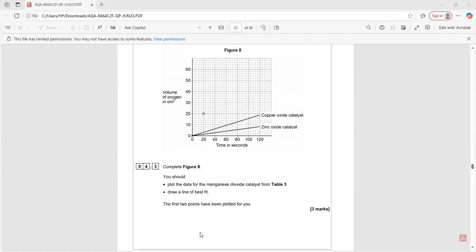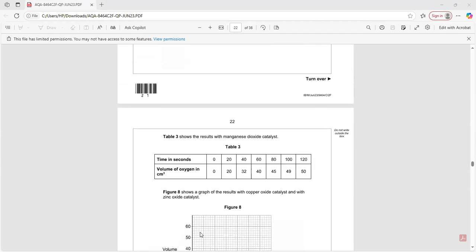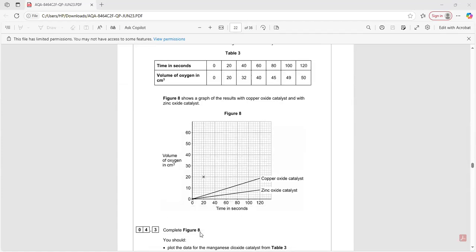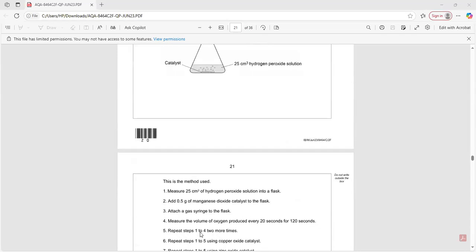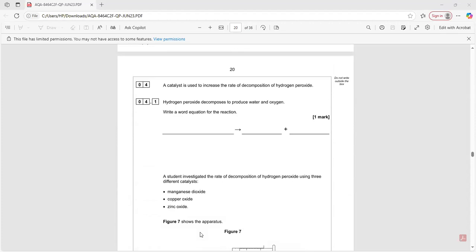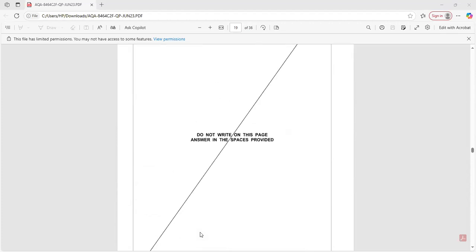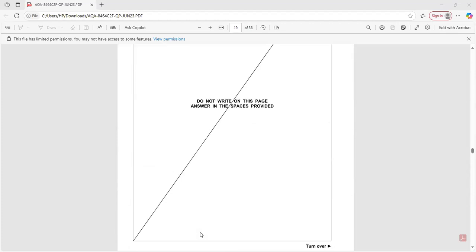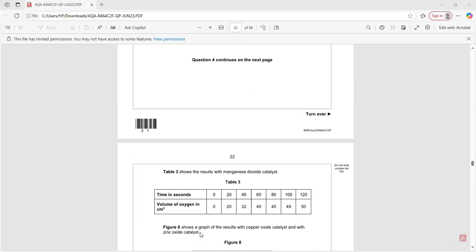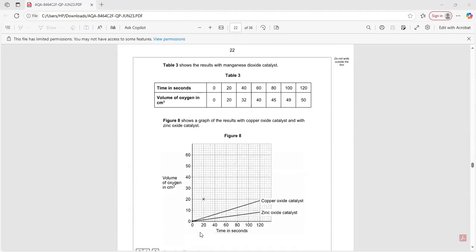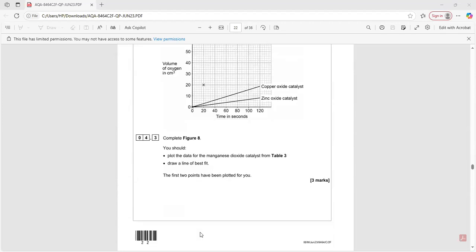Oh, okay, table 3. One minute. Let me see if there's anything that can give us. Okay. No, nothing here to give us any clue as to what would typically happen with manganese.